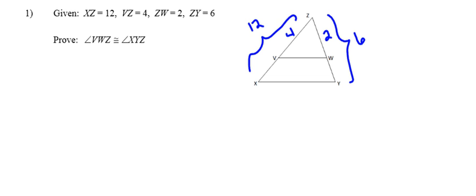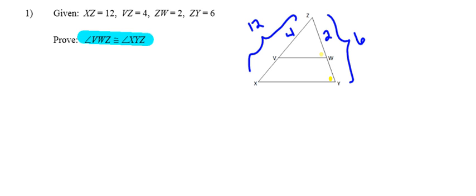Now this proof isn't quite so straightforward because they don't come right out and say that they want us to prove that these two triangles are similar. But if I look at what they do want us to prove, they want us to prove a pair of angles that are congruent. The angles that they want us to show congruent are VWZ, which is that yellow guy right in there, and XYZ, which is that yellow guy right in there.